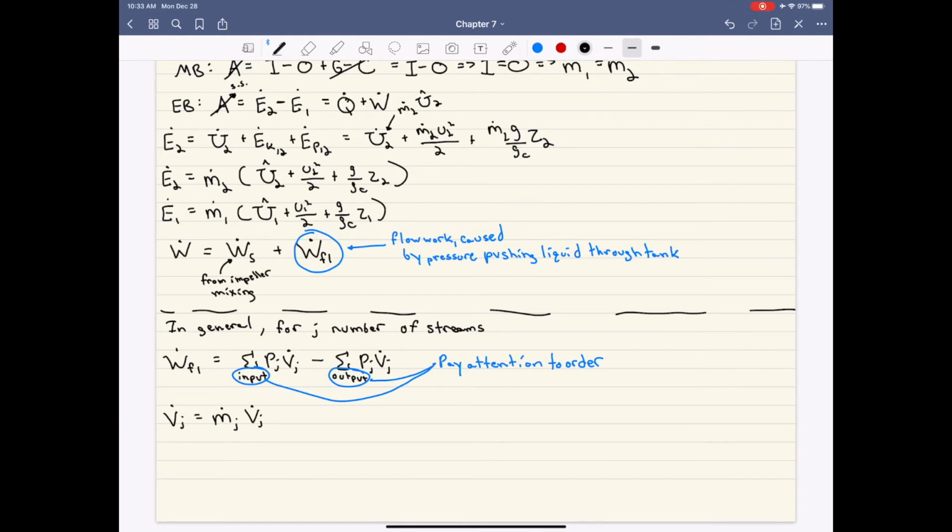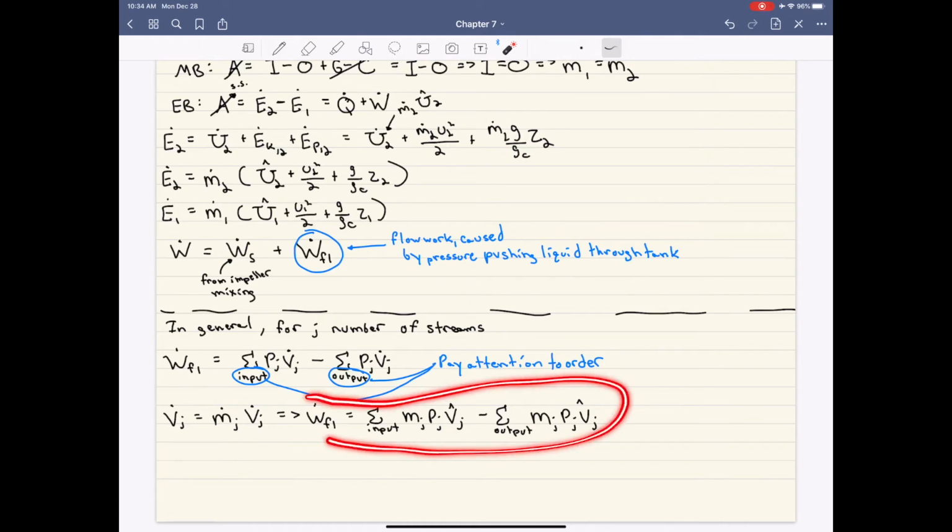By doing that, I now can say that our flow work is equal to the product sum of the mass flow rate times the pressure times the specific volume minus the output version of that product. So we're going to apply this form of the flow work into our energy balance equation.